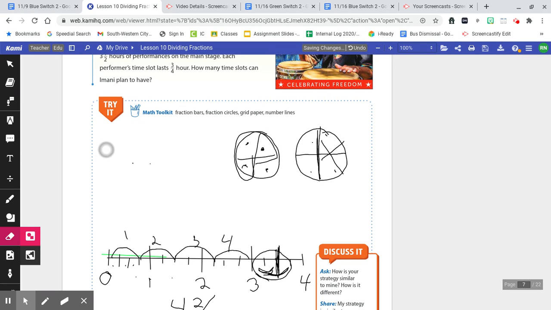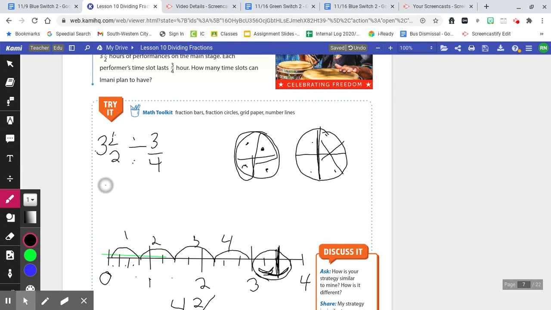I have 3.5 divided by 3/4. First thing I'm going to do is change 3.5 into an improper fraction. 2 times 3 plus 1, 7/2. Keep, change, and flip, or the reciprocal.